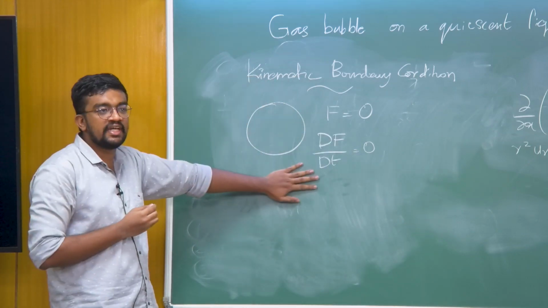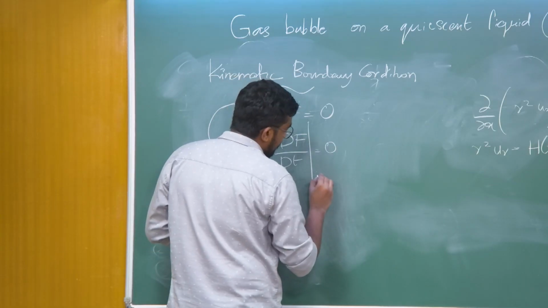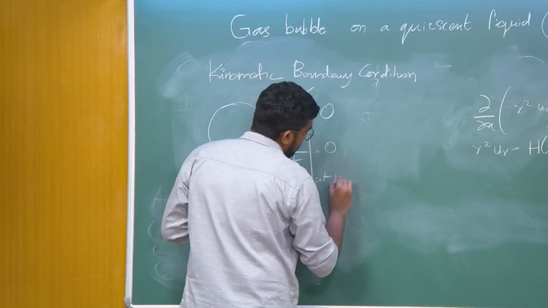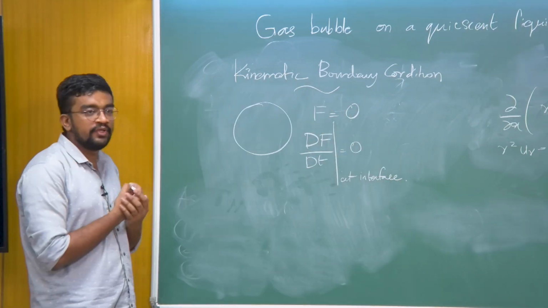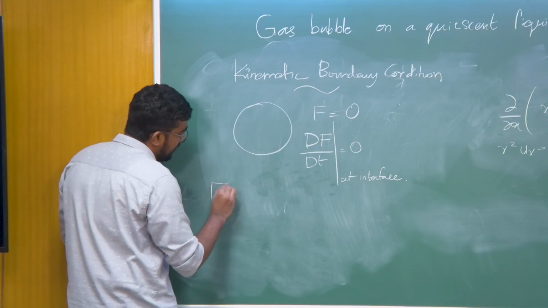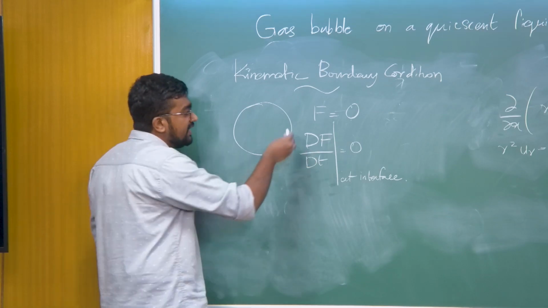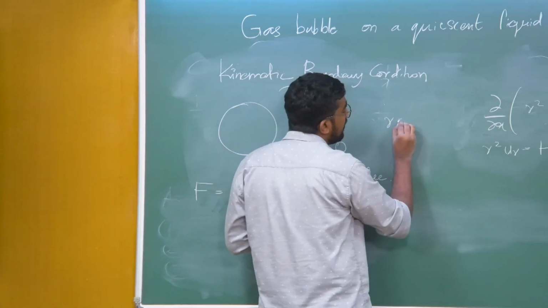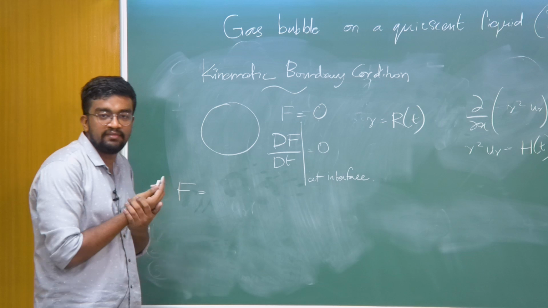This is the kinematic boundary condition at the interface. Here, can anybody say the interface equation or capital F? So, the interface is given by small r equal to capital R of time, right?